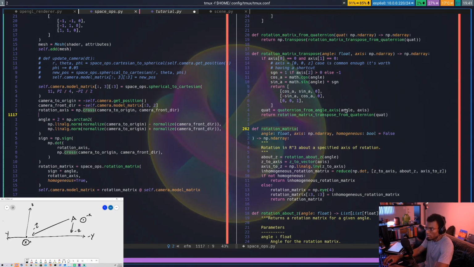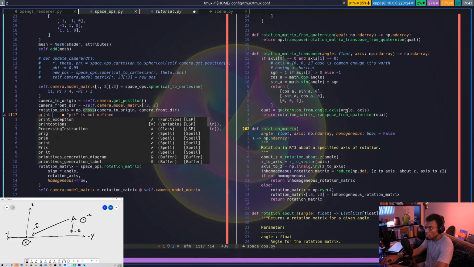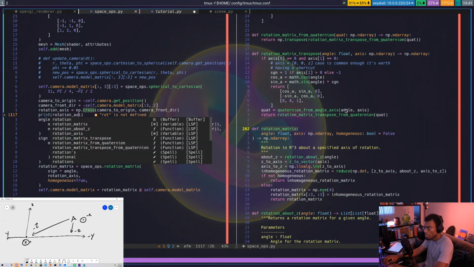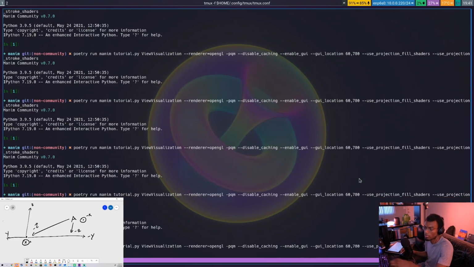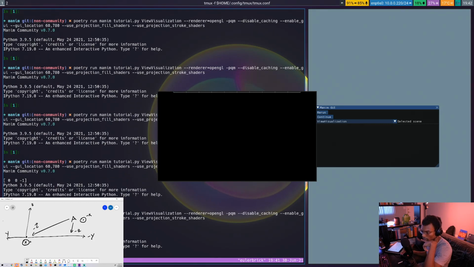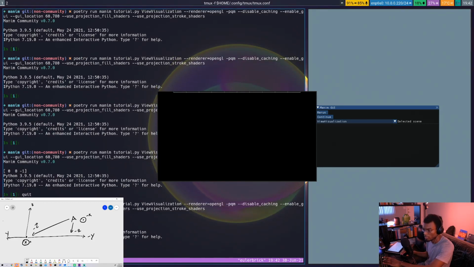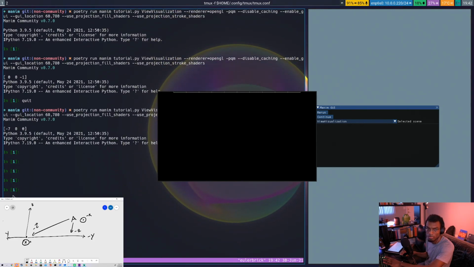Okay, so let's write that rotation axis. And it is, great. I guess you can't see that, but it's in the negative x direction after all. It isn't normalized, which might be important.